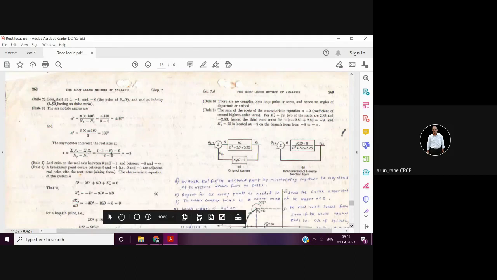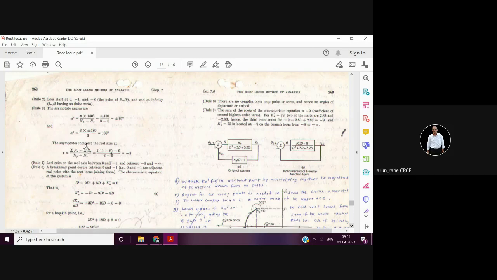That is rule number 1. Rule number 2: open loop poles 0, -1, -8, and you don't have a finite zero, so it will end at infinity, at infinite zeros. Then the asymptote angles we already calculated: ±60 and ±180.